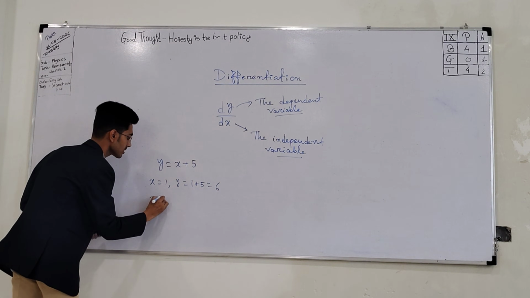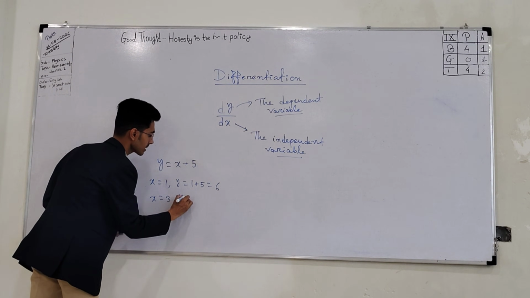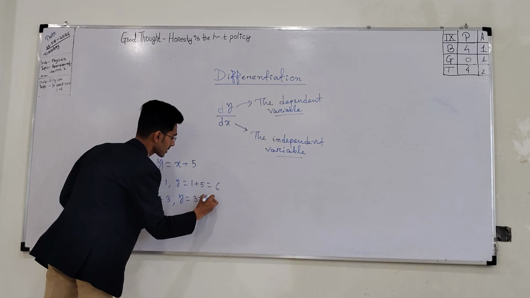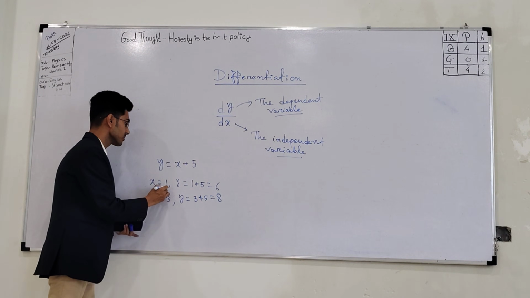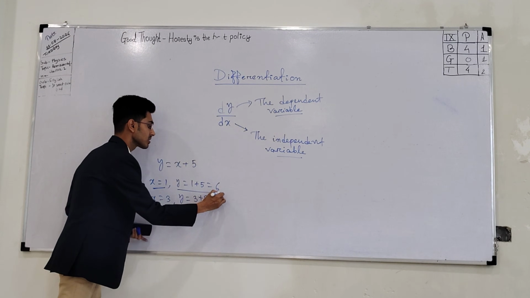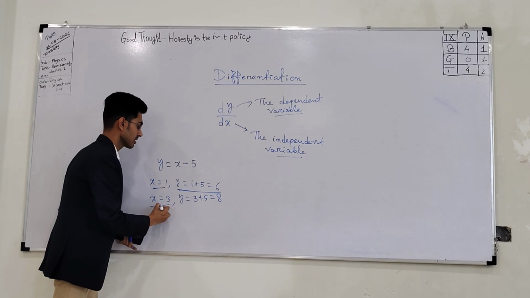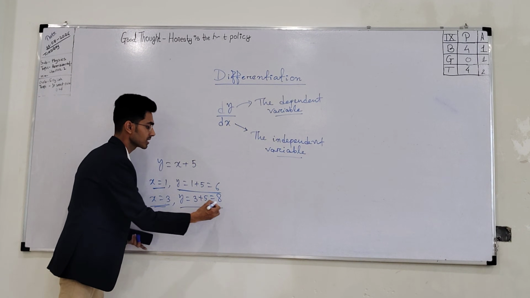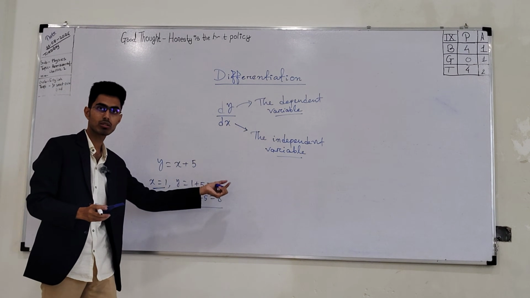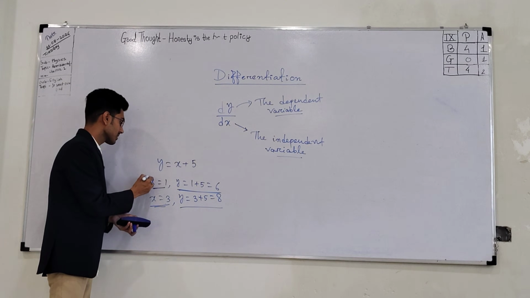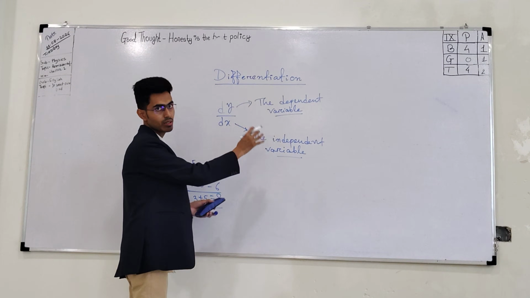If we put x equals 3, then y equals 3 plus 5, that is 8. It is clear that for a specific value of x, we can get a different value of y. Here x is 3, y is 8. So we can say that for a specific value of x, we get a different value of y. So it is clear that x is independent and y is dependent.